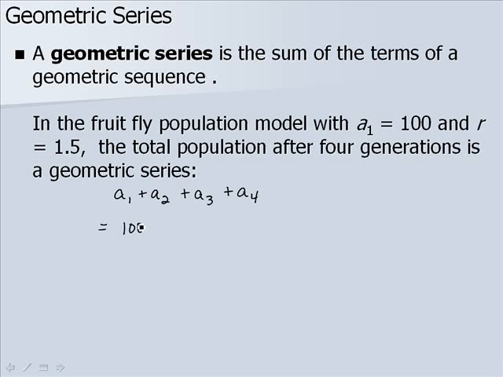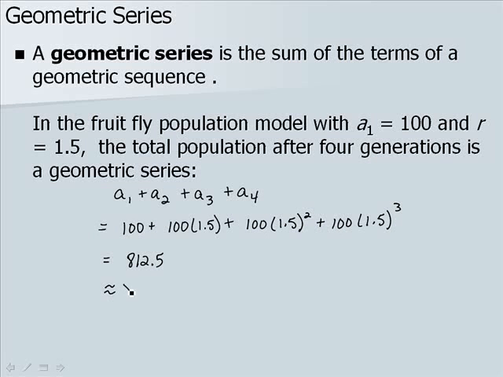So we're adding up 100 plus 100 times 1.5 plus 100 times 1.5 squared plus 100 times 1.5 to the third. When we do this out, we'll get 812.5, or approximately 813, as the total population after 4 generations.